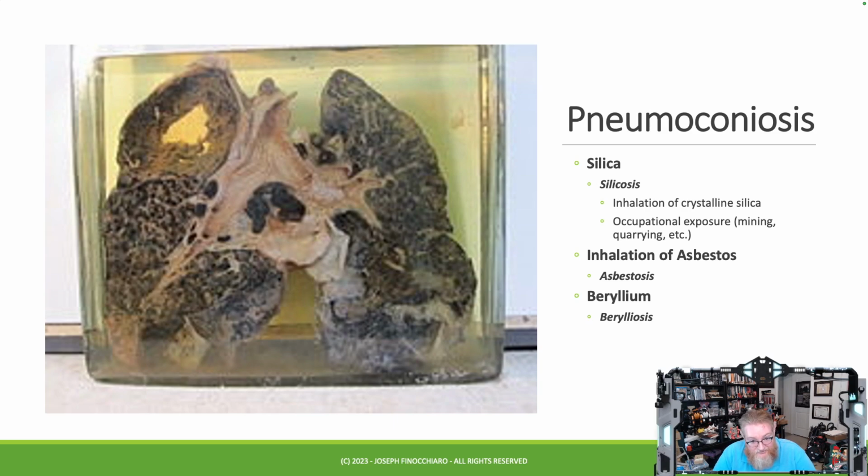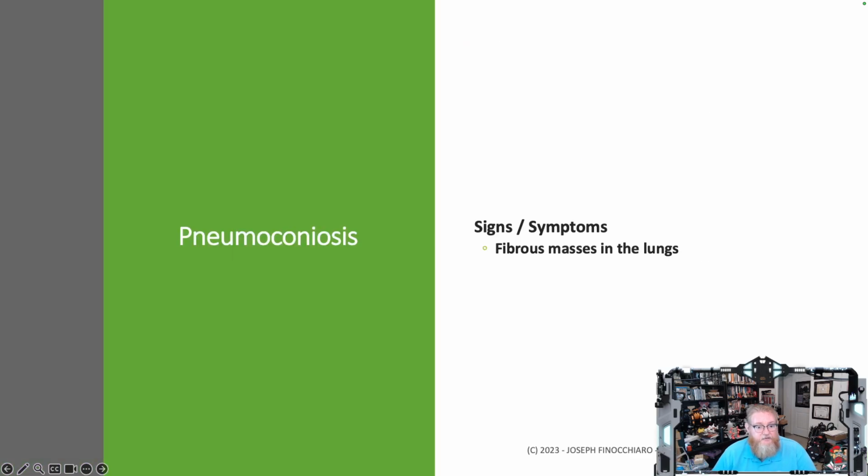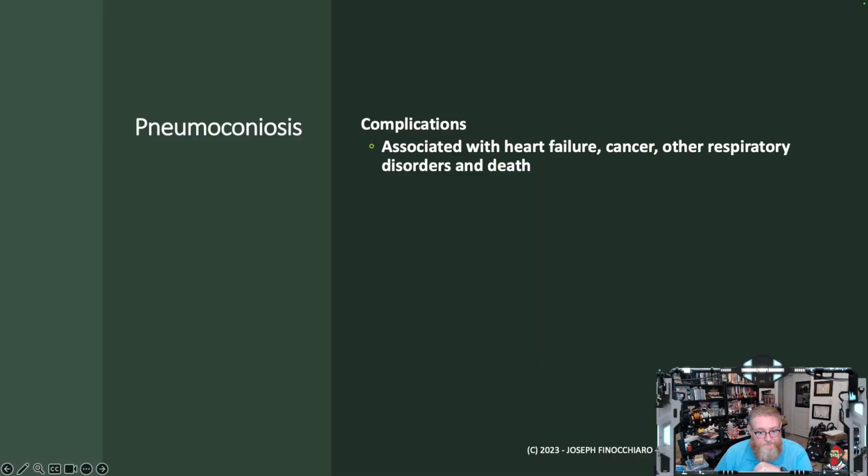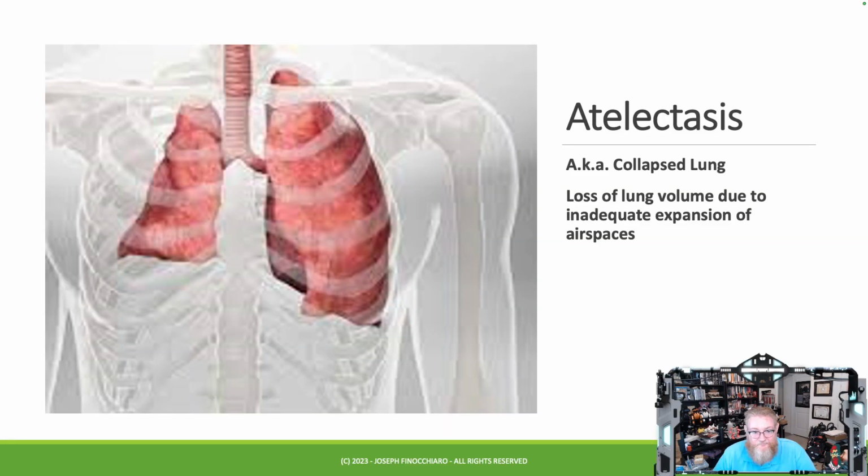You have asbestosis, which is the inhalation of asbestos, and berylliosis, which is a result of the inhalation of beryllium. The signs and symptoms of pneumoconiosis are fibrous masses in the lungs. Complications associated with pneumoconiosis are heart failure, cancer, and other respiratory disorders up to and including death.